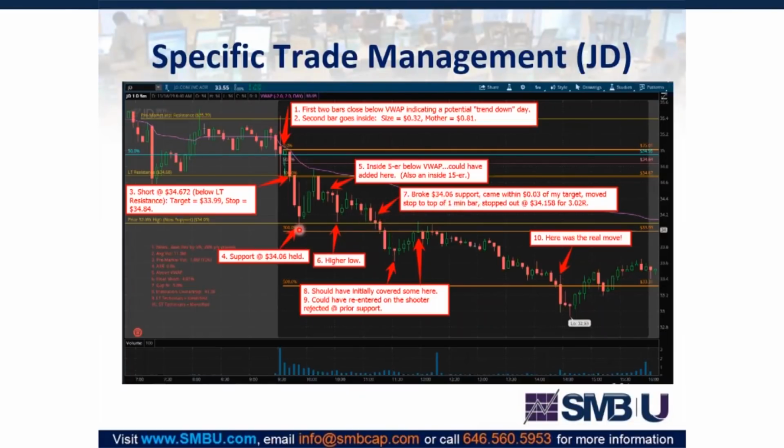All right, so tell me why you get short. Short at 34.67 below long-term resistance. What is the specific reason why you are short? The reason is that the price action met my trade criteria. All right, go back to that and explain that to me again.